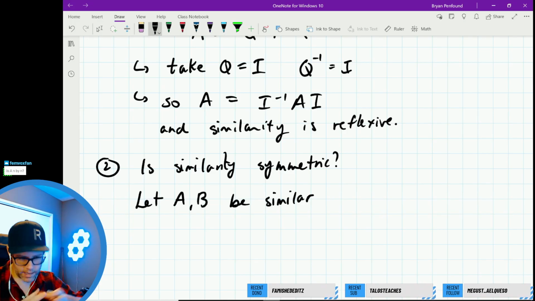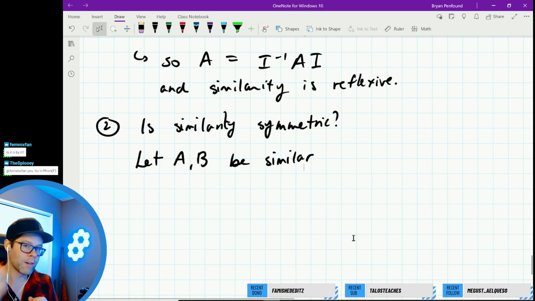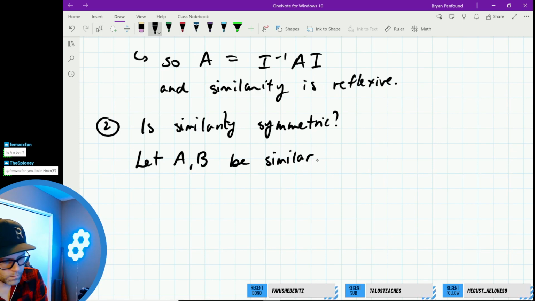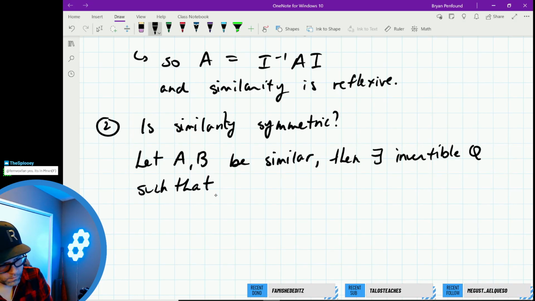So let's set up a similarity relationship. If A and B are similar, we know there exists an invertible matrix Q, and we know that B is equivalent to Q inverse AQ.